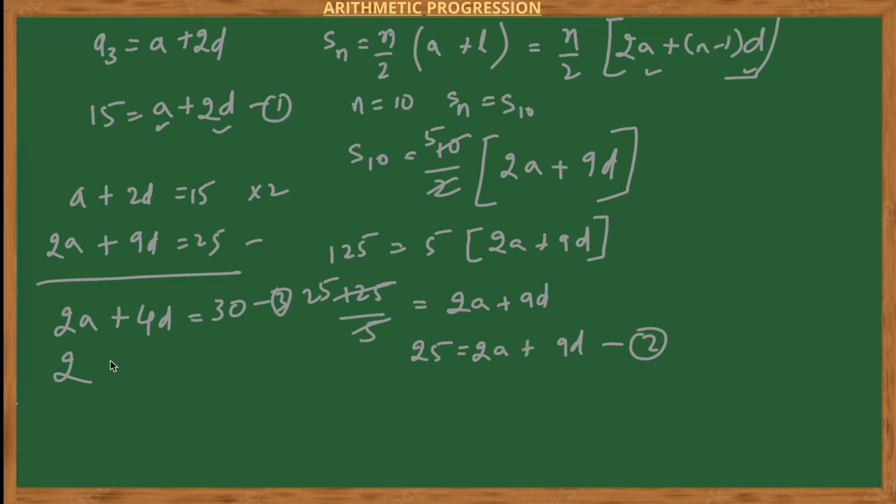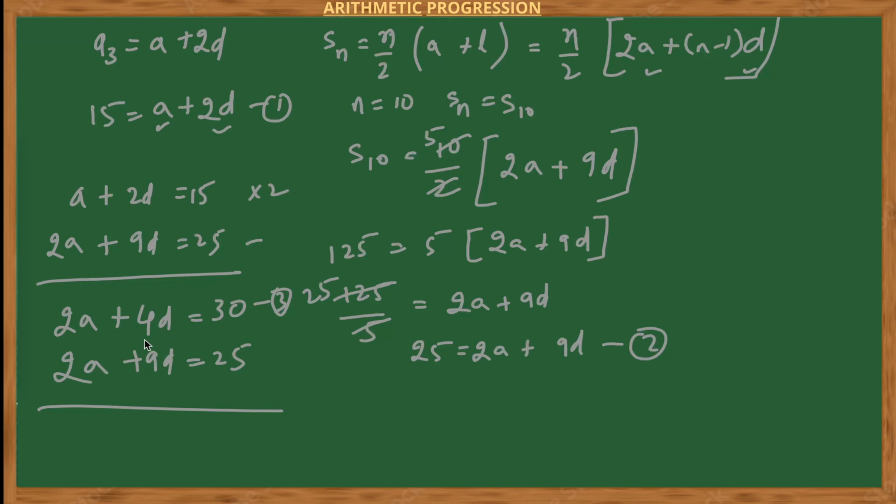So take equations 2 and 3. 2a plus 9d is equal to 25. The reason we did this is we want to cancel off one of the unknowns so that we can find one at a time. If we keep both, it remains two variables.